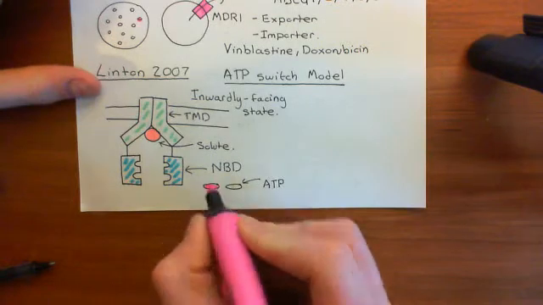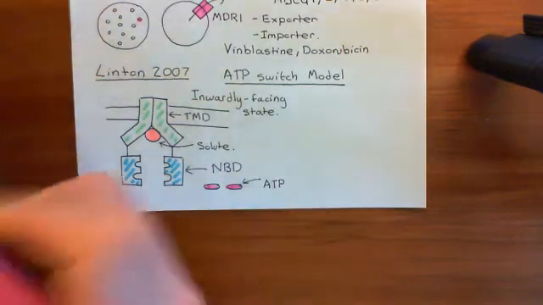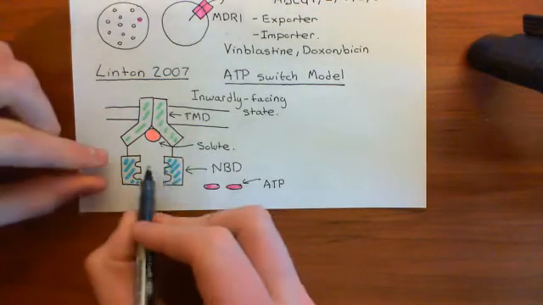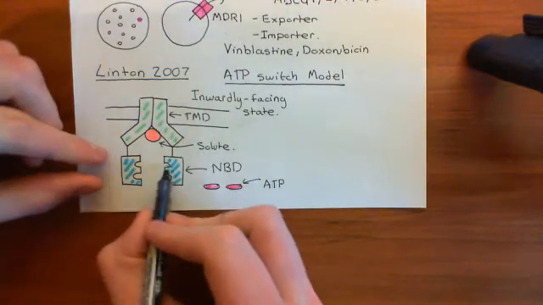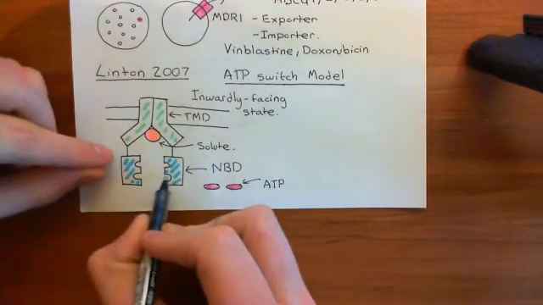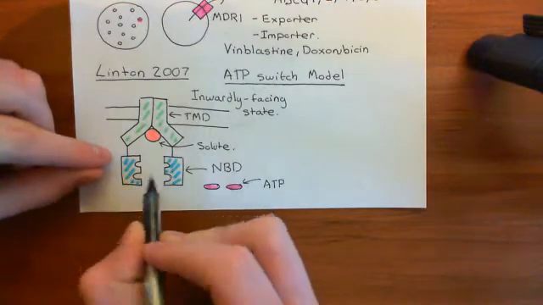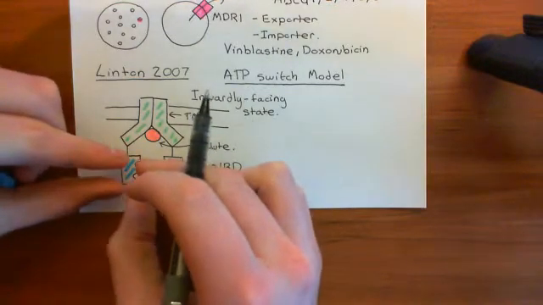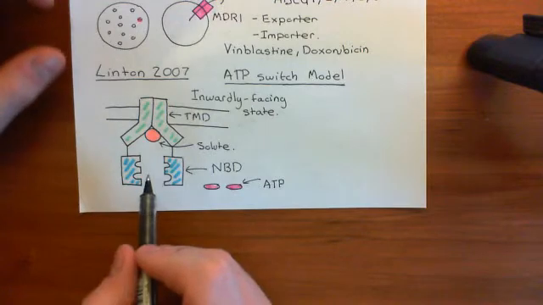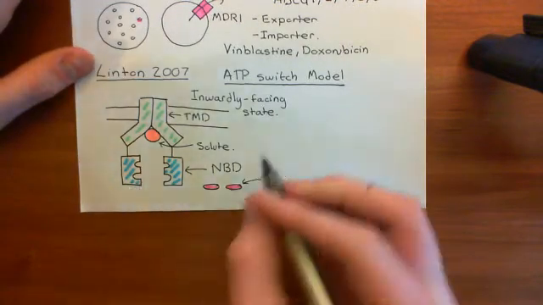Basically, what's going to happen is when these nucleotide binding domains bind ATP, one ATP molecule is going to sit in between the 2 nucleotide binding domains here, and another is going to sit in between the 2 nucleotide binding domains here. So both of them are going to dimerize together, and they'll have 2 ATP molecules holding them together.